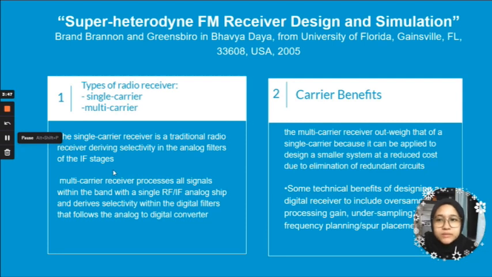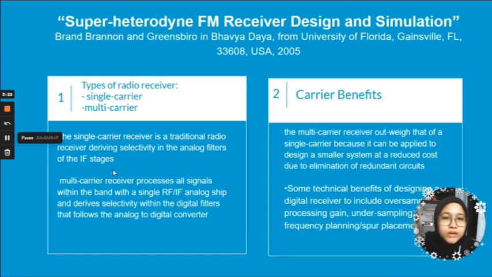A single carrier receiver is a traditional radio receiver deriving selectivity from the analog filter of the IF stage. A multi-carrier receiver processes all signals within the band with a single RF or IF analog chip and derives the selectivity within the digital filter that follows the analog to digital converter.